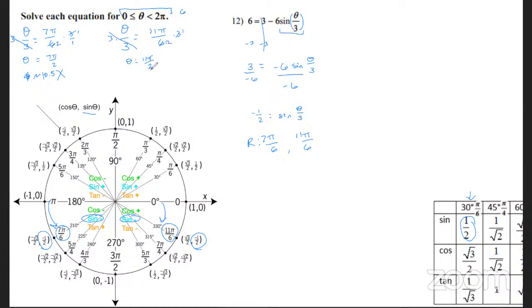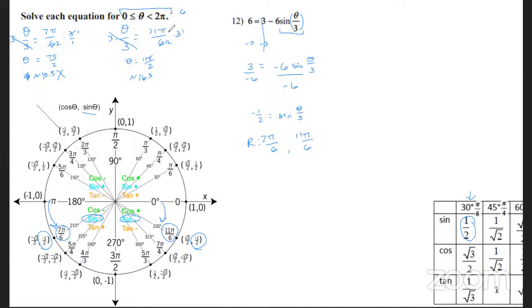Now, 11 pi over 2. Let's estimate pi as 3, so 33 divided by 2 is 16.5 for our estimate. That is also not within our range of 0 to an estimate of 6. So neither of these can be answers. We don't even have to add or subtract 2 pi around the unit circle, because our original reference angles didn't fit within our domain.